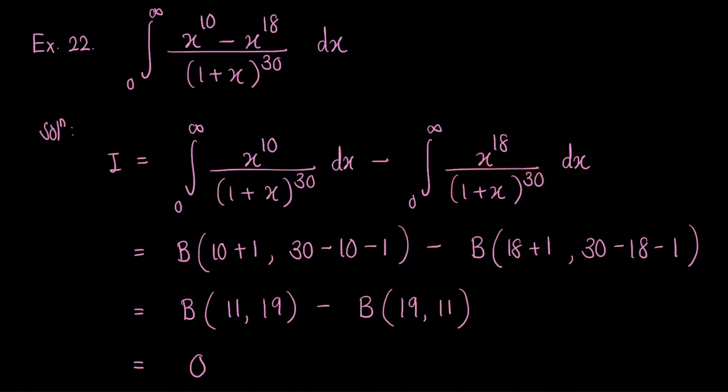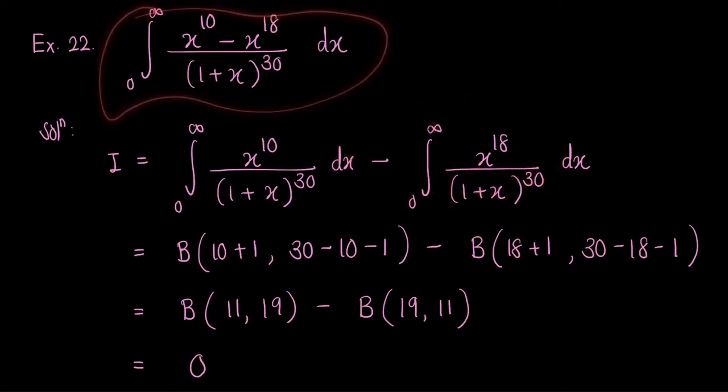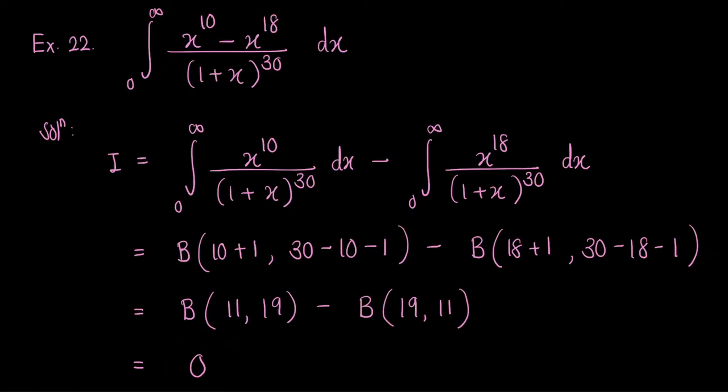The value of this integral will be beta of 18 plus 1, that is 19, comma 30 minus 18 minus 1, that is 11. So beta of 11 comma 19 minus beta of 19 comma 11, and we know that beta of m comma n is equal to beta of n comma m, since the beta function is symmetric. Therefore the value of this integral will be 0.